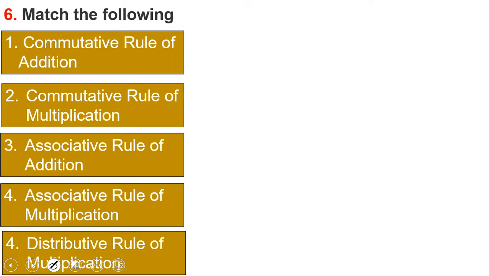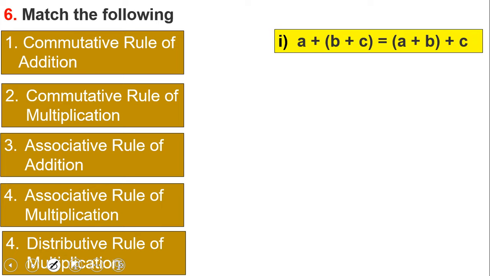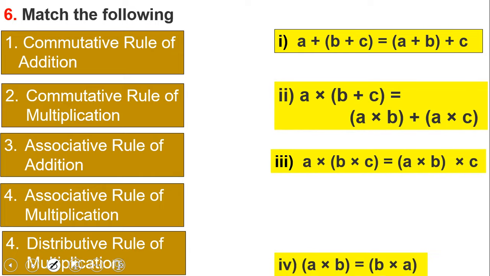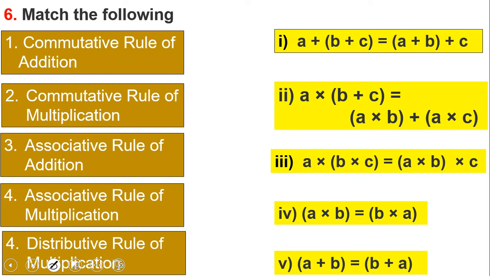Okay, now their answers are given in a second column, not in exact correct order. Here 1, 2, 3, 4, and 5.